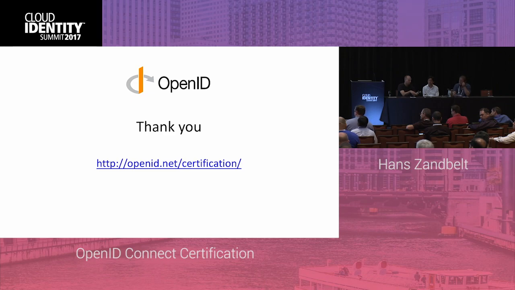And for those of you that are in the US and particularly in the Bay Area, the OpenID Foundation offers a regular set of workshops where each of the work groups talks in a day-long format about the progress of the work group and the issues that they're encountering. That's an open invitation for both members and non-members alike to really understand the plumbing of each of these profile efforts.